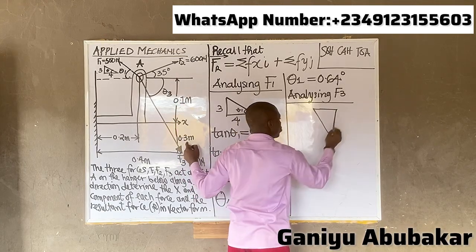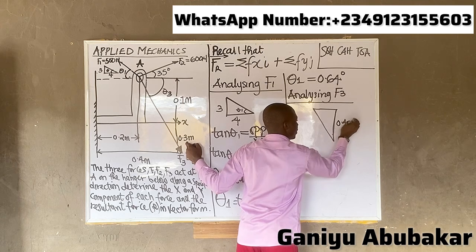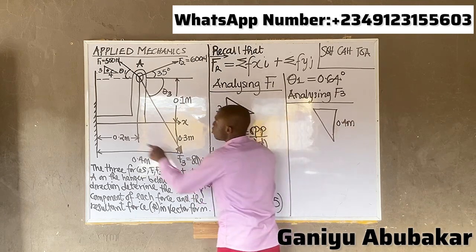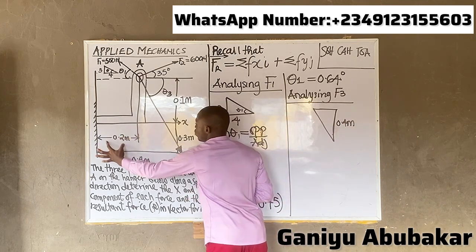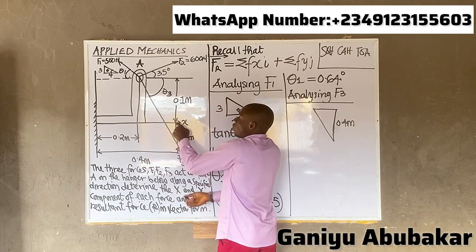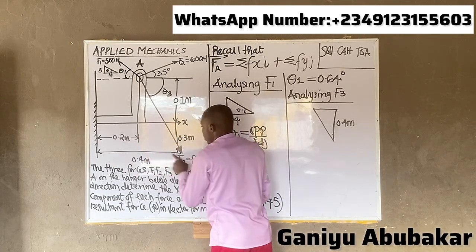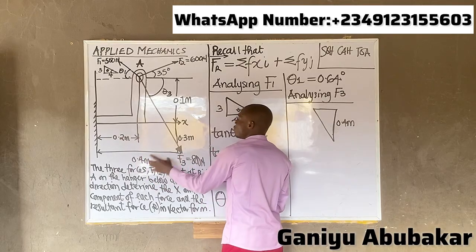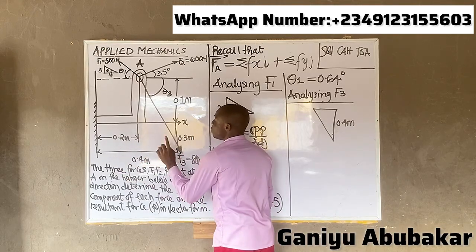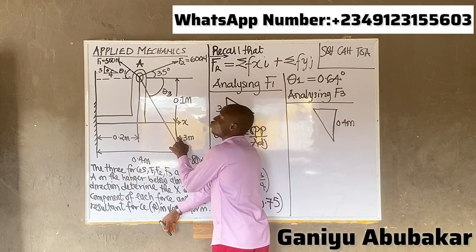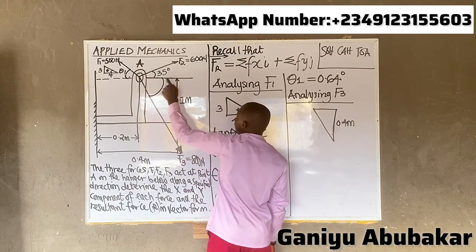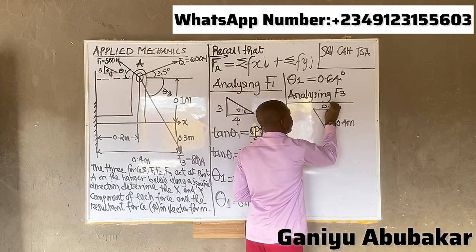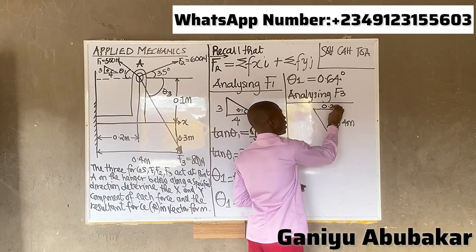That gives you 0.4 meters. We said from here to here is 0.2, and the other part is also 0.2, so 0.2 plus 0.2 gives you a total of 0.4. So I mean 0.2 in this place here, in meters.